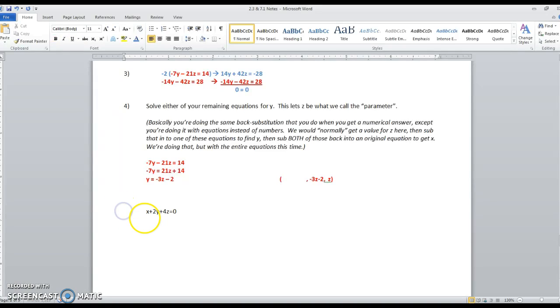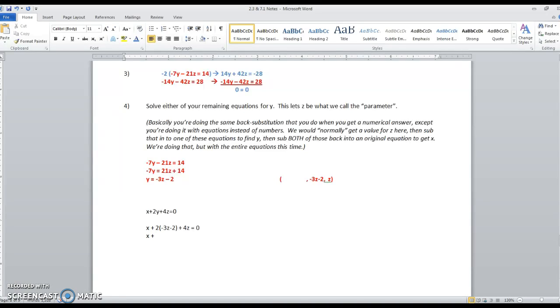So I'm going to bring that down here. Okay. I'm trying to solve for x. I'm going to substitute in what y is, so it's 2 times y, but we just found that y is -3z minus 2. Z is itself. So I need to take this equation and solve it for x.